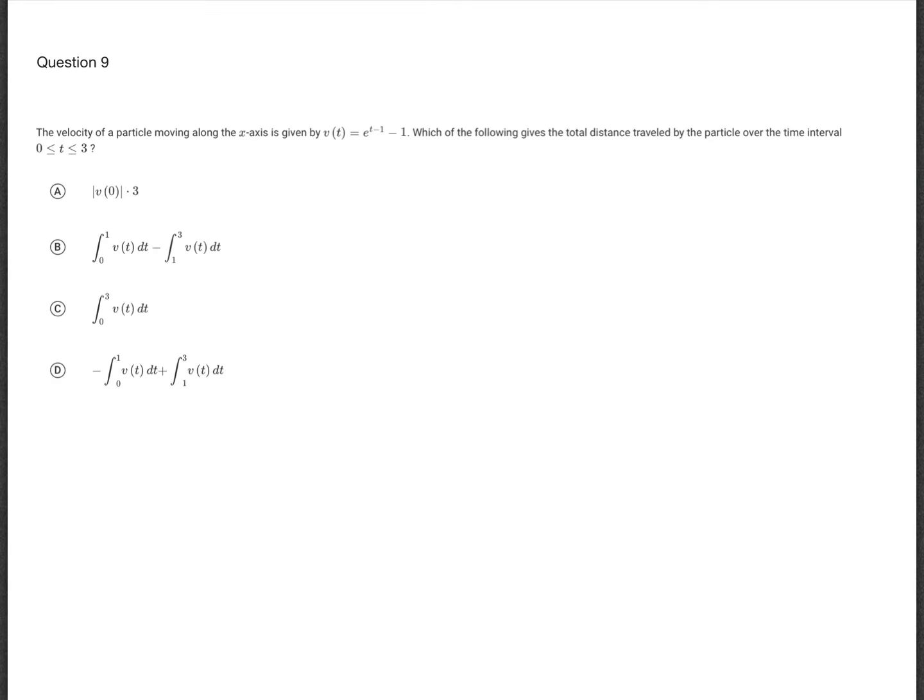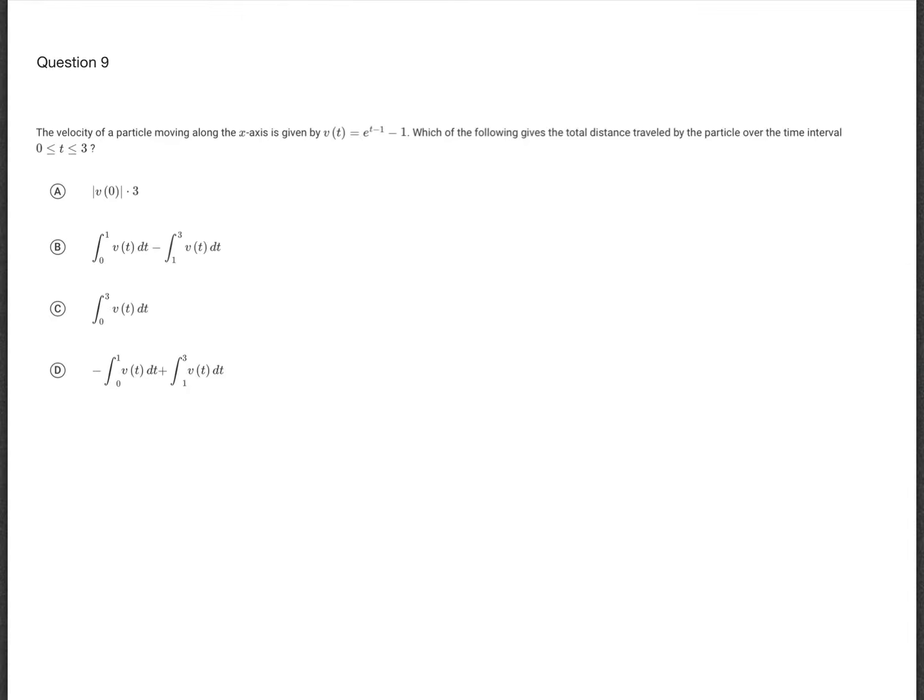Okay, for question 9, they say the velocity of the particle moving along the x-axis is given by v of t equals e to the t minus 1 minus 1. Which of the following gives the total distance traveled by the particle over the time interval from 0 to 3? So it's moving to the left and maybe to the right, depending on if this velocity is positive or negative at certain points.